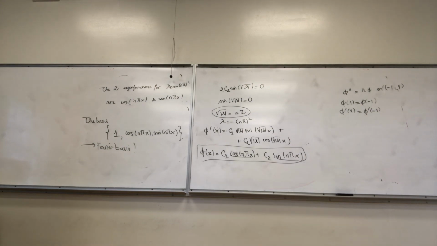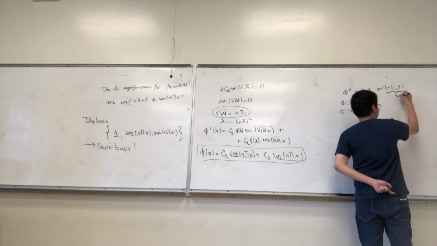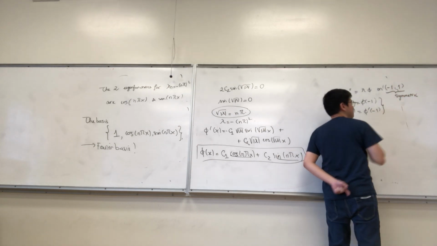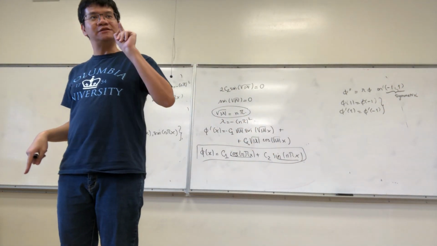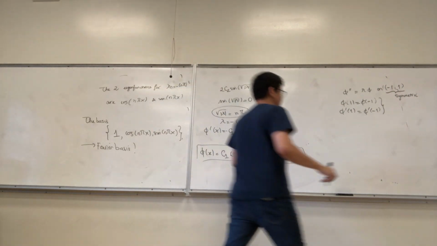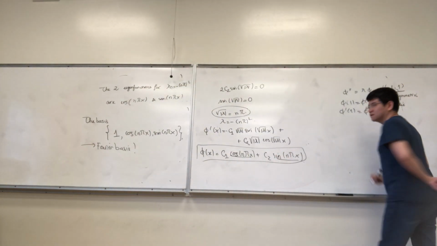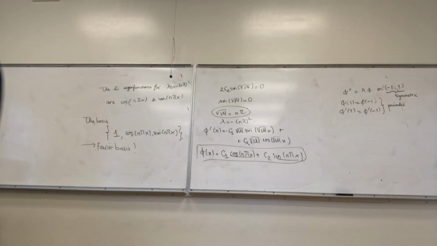So there are two things. First, the domain is symmetric. And the second, the two boundary conditions simply say that the function is periodic. This boundary condition tells you that we are dealing with periodic functions.